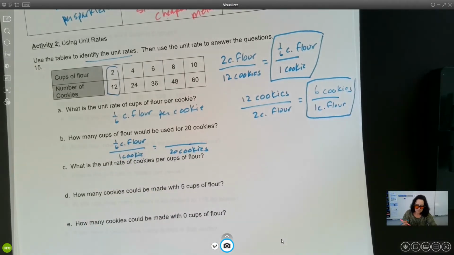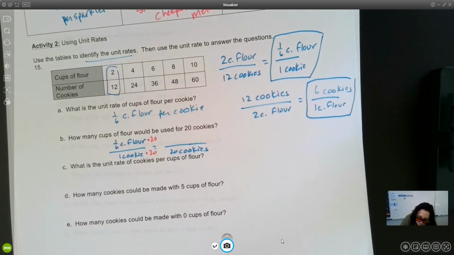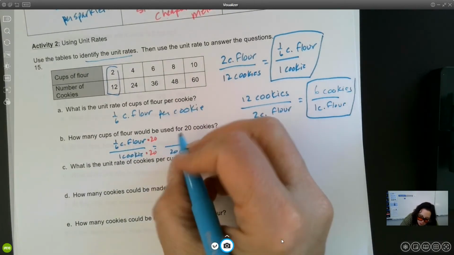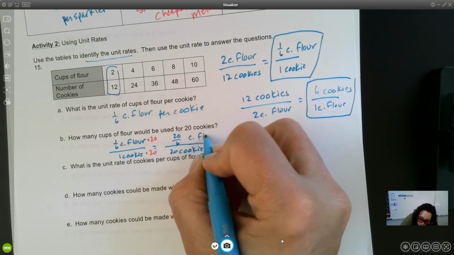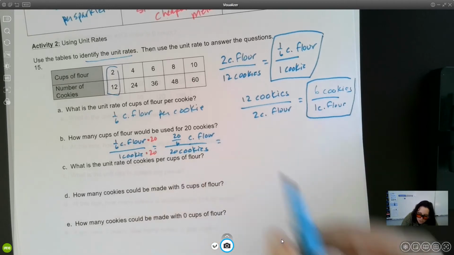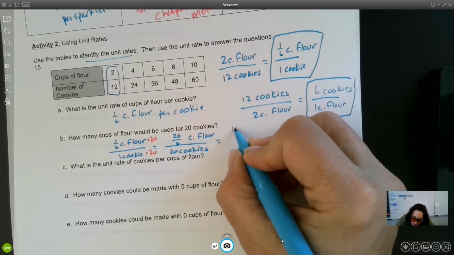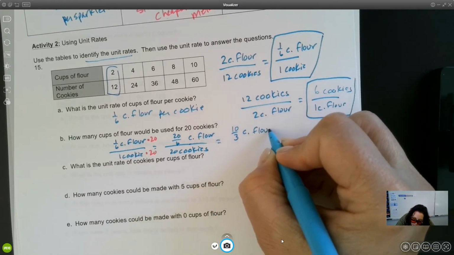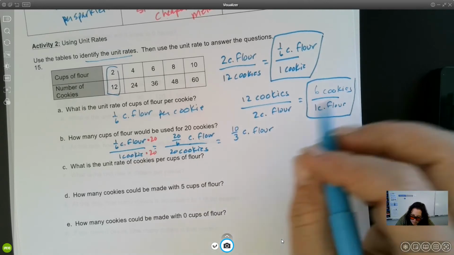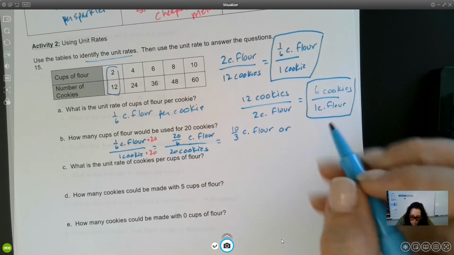Let me write that in. Multiply by 20. Multiply by 20. So we would have 20/6 cups of flour, which is equal to, I would accept either 10/3 cup flour or 3 1/3.